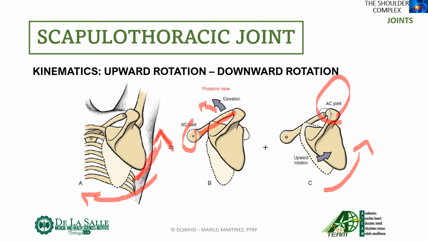Now, for the downward rotation of the scapula in the scapulothoracic joint, just reverse it. There should be depression of the clavicle in the sternoclavicular joint and downward rotation of the scapula in the acromioclavicular joint.